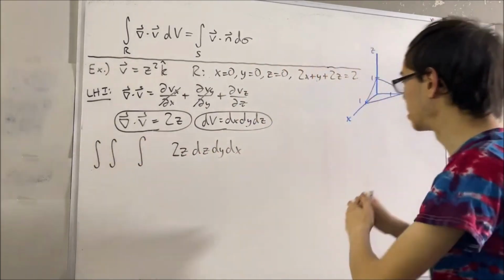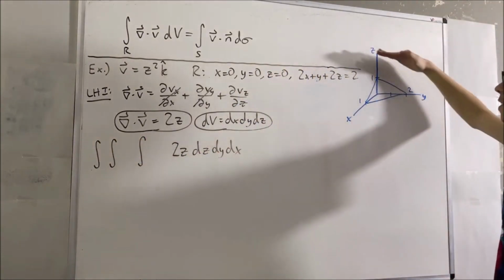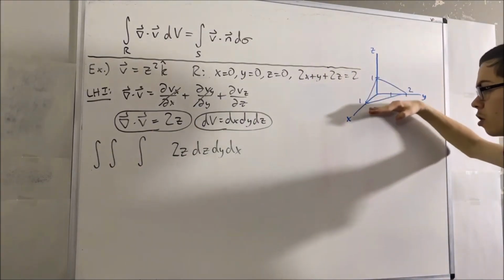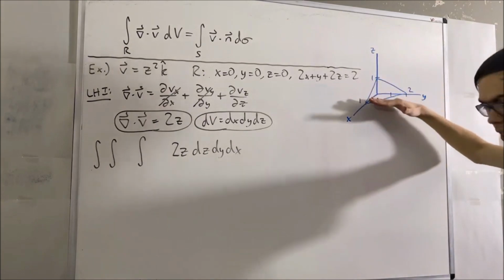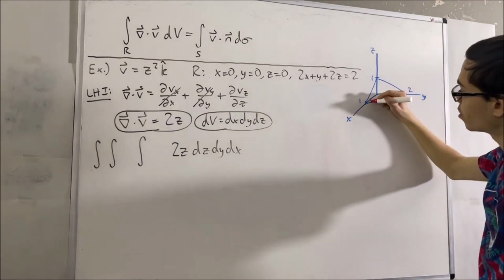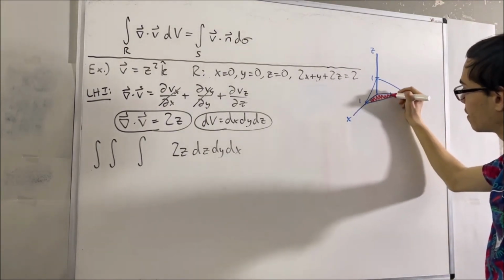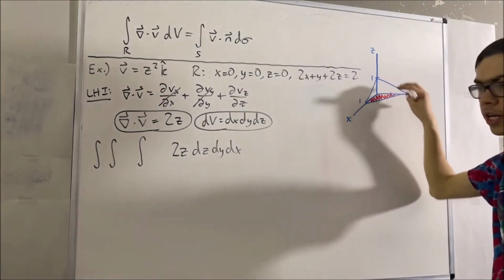What are my bounds of integration going to be for z? Well, let's look at our region and think about the different z values that we could have. Well, the lowest z value occurs when z equals 0, right? Z equals 0 is the lowest z value for this 3D region.